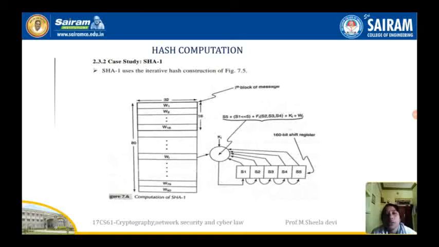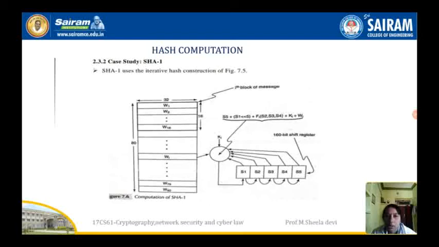See, if you see the diagram, you can understand the formula. From S5 it takes the input, plus S1 left shifted 5 times, plus function of S2, S3, S4, that's what I showed in the diagram, plus constant plus word. This word is nothing but we need 80 words for the 80 rounds.